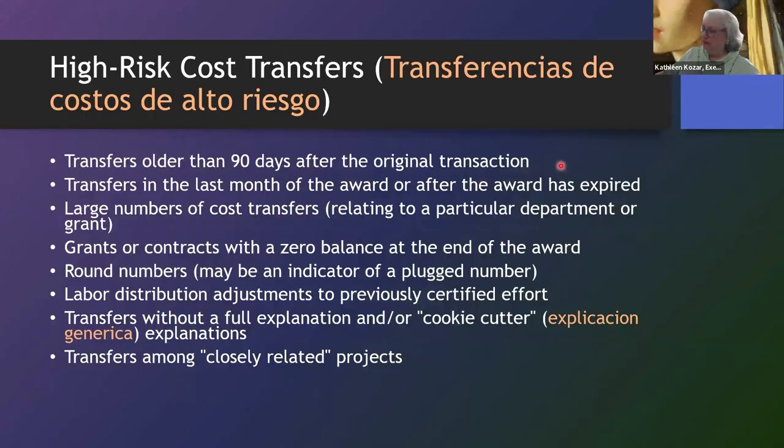That is something, again, that your accounting records have to reflect. When was that original transaction? When did you do the correction? If it's more than 90 days, you have to provide documentation and a justification for why it took longer than 90 days to make that correction.